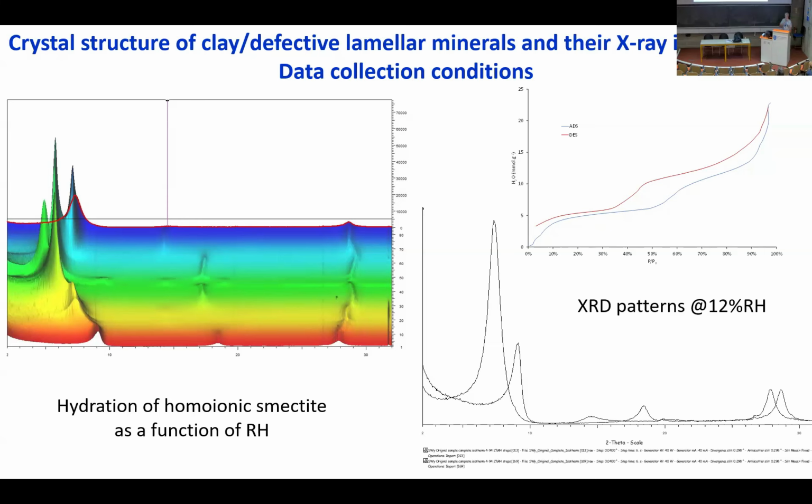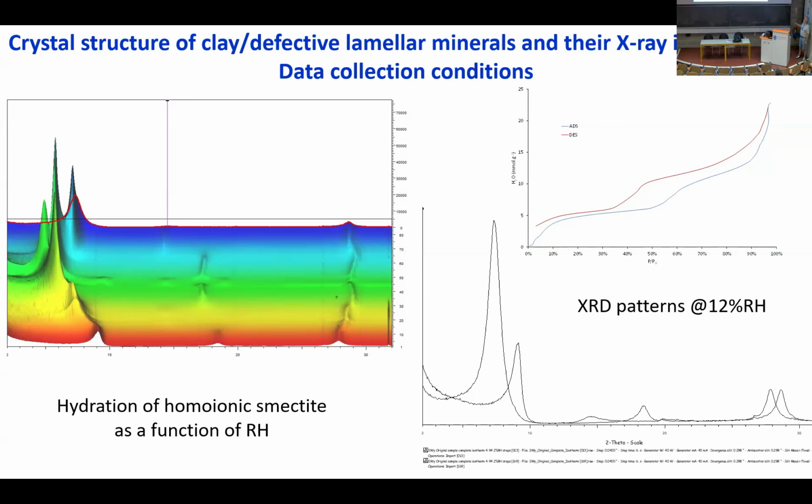Which means that if you want to assess small variation of layer to layer distance about incorporation of a specific cation or specific organic molecule, you need one interlayer cation, one relative humidity, and you want to make sure of where you are, on which branch of the isotherm you are. It's not that complicated.